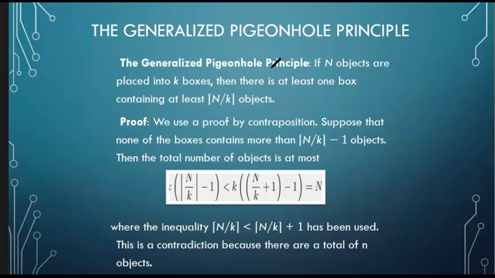Okay, now what does this mean? We will see this with the help of an example. Suppose there are 100 people, the same example with respect to birthdays, but instead of common days, we will consider a common month. If there are 100 people, how many people will have their birthdays in the same month, at least?